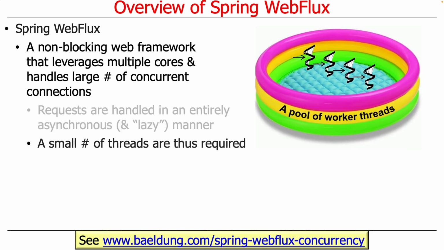One of the consequences of this is that a smaller number of threads are required, because we only need threads that are actually doing computations. The blocking is going to be done off the main thread in a pool of threads, so it doesn't require a large pool. You typically have about as many threads in a thread pool as there are cores, plus or minus a few.